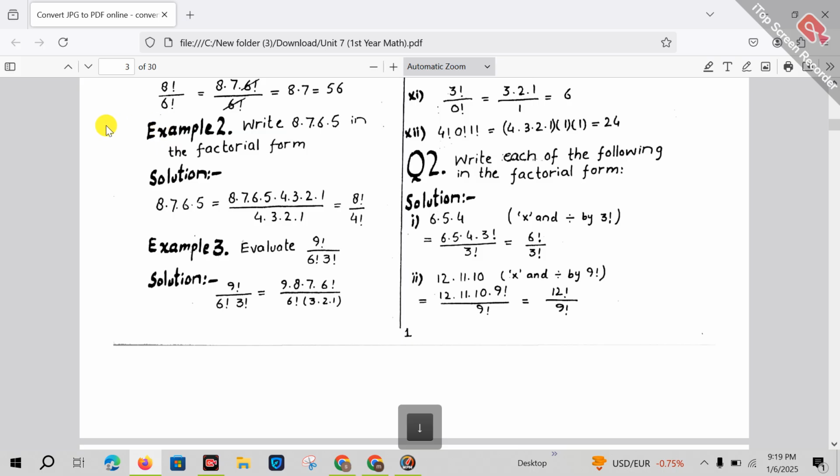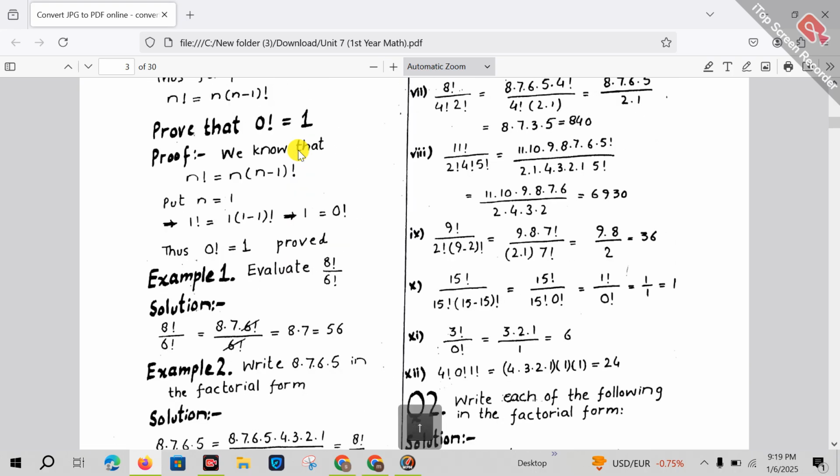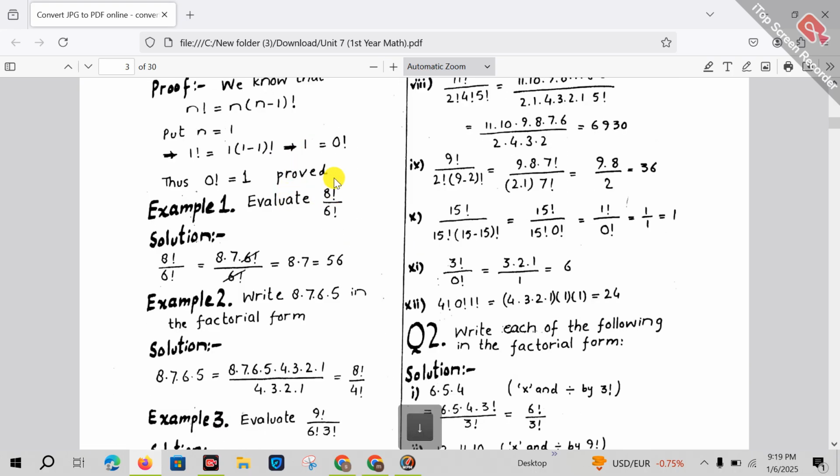Next, we have 8 times 7 times 6 times 5 multiplication, and we are asked to write this expression in factorial form. So this is the converse of the previous problem. There we were given 8 factorial and 6 factorial and wrote the number without factorial.